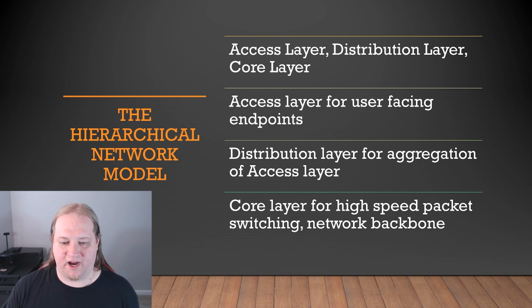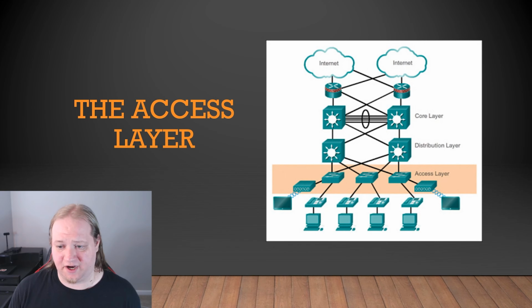Next, you've got your distribution layer, and the distribution layer is aggregating all of this access layer stuff into one point, and this is where a lot of your network services are going to be running. Lastly, your core layer is for high-speed packet switching. This is your network backbone. It is the thing that is going to connect all of your distribution layer stuff that will be going out to your routers and to your WAN links and your internet connection.